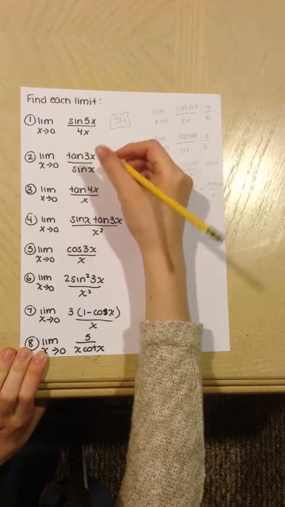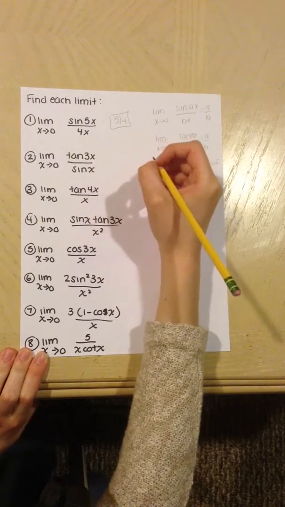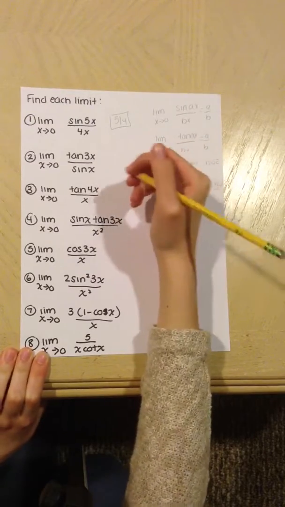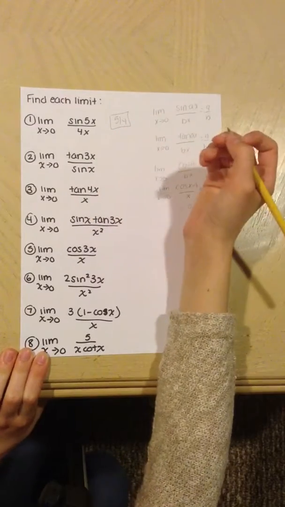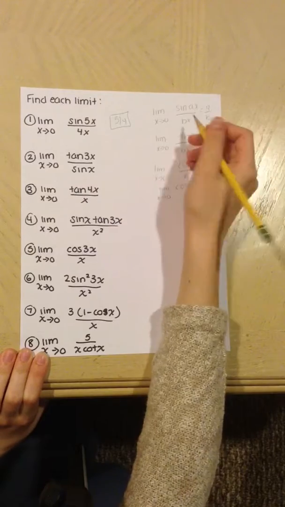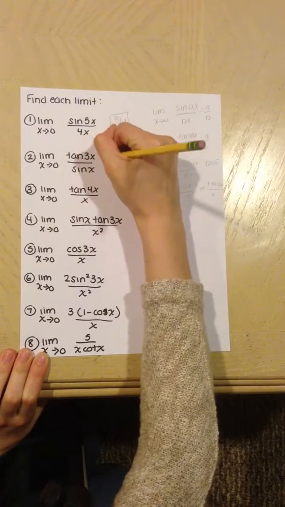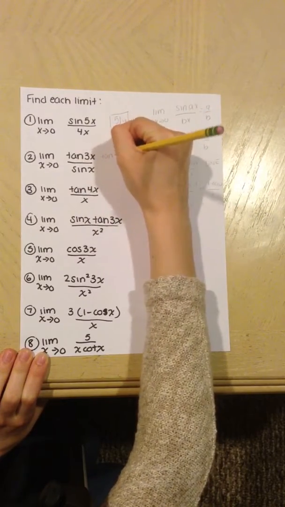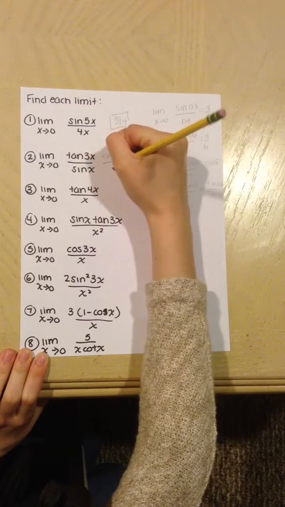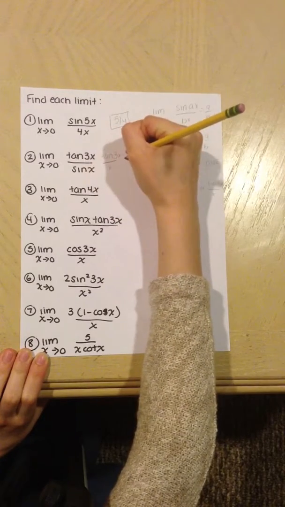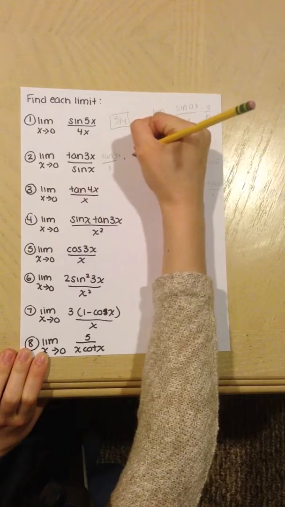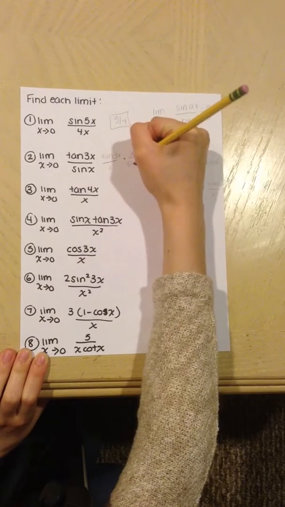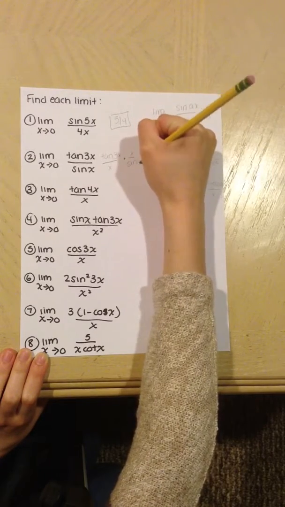This next one, the limit as x approaches 0 for tan of 3x over sine of x. The way that we could get this to kind of look like one of these would be if we did the tan of 3x over x times x over sine x.